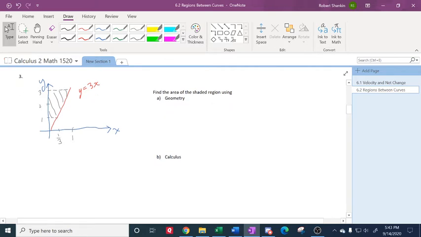Let's go to number 3. Find the area of the shaded region. Now this goes through the origin. My picture doesn't look that great, but imagine it does go through the origin. It's y equals 3x. Find the area of the shaded region using geometry and using calculus.